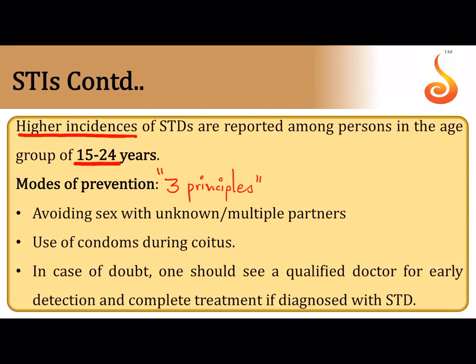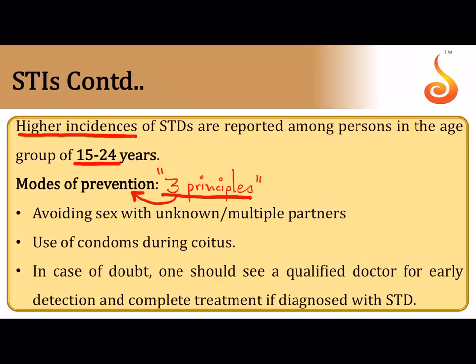We can call them modes of prevention, or prophylactic measures. If a person follows these 3 principles, it will protect the person from contracting sexually transmitted infections.